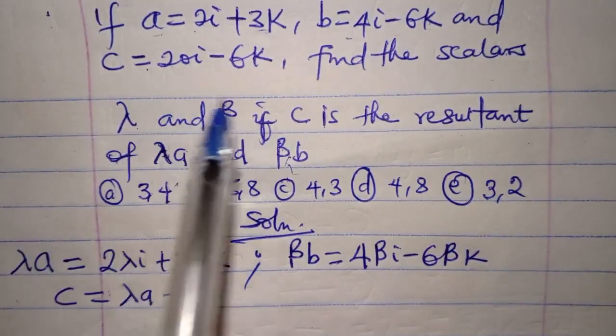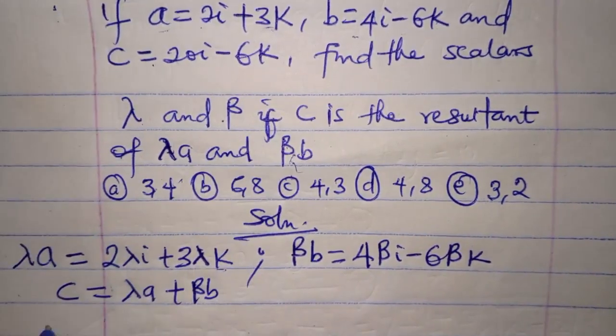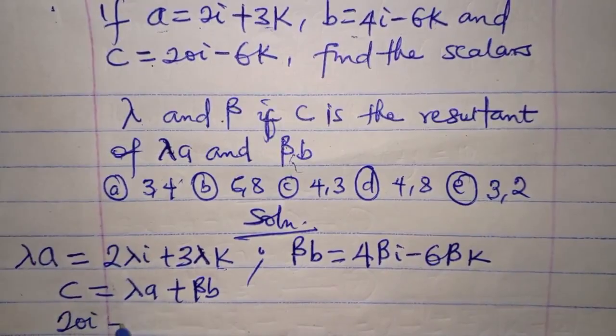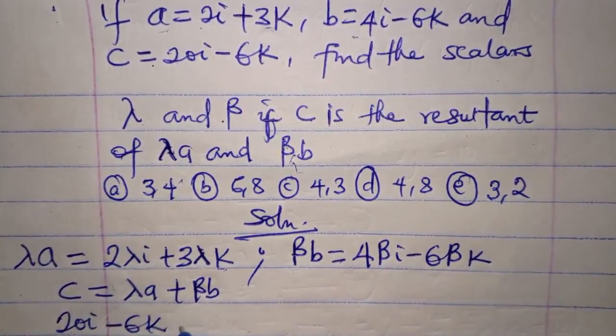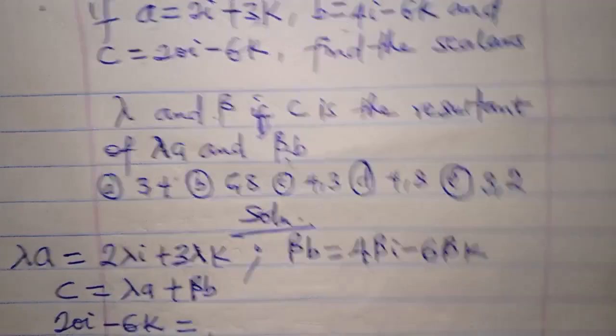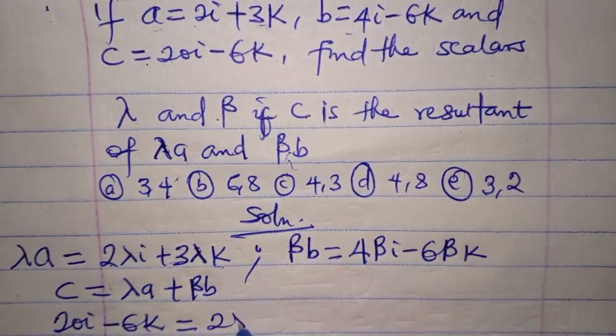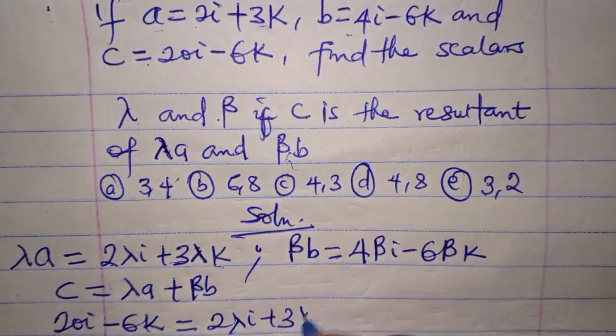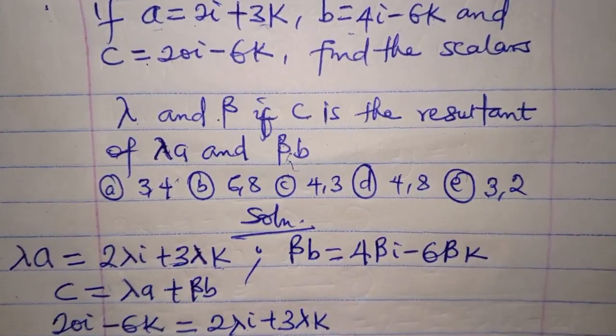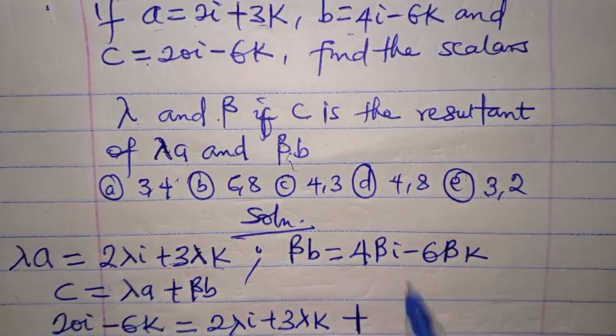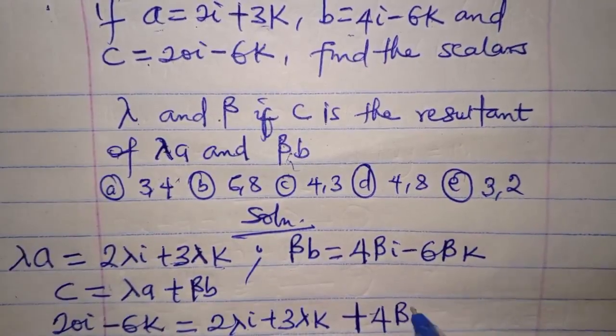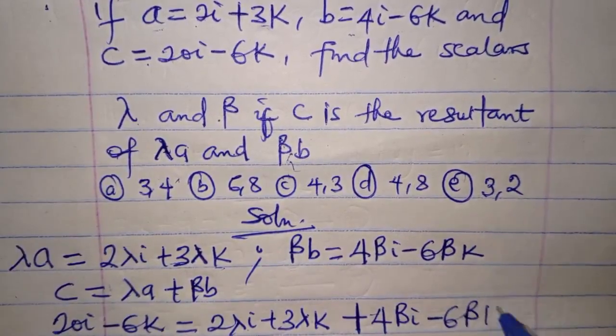And so vector C is what? 20i minus 6k. So 20i minus 6k is equal to what's lambda A? This 2 lambda i plus 3 lambda k plus what's beta B? That's 4 beta i minus 6 beta k.